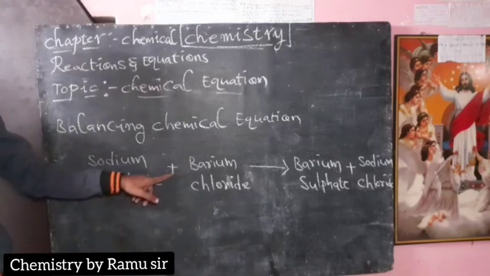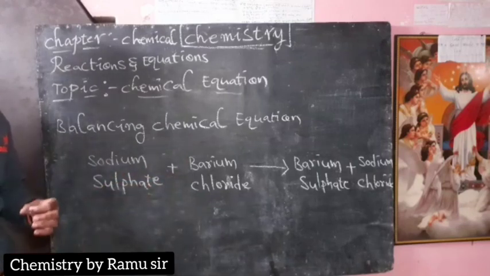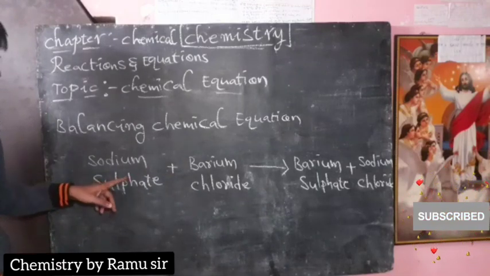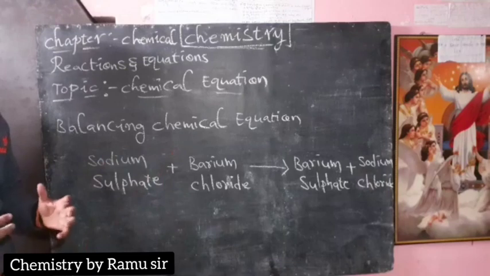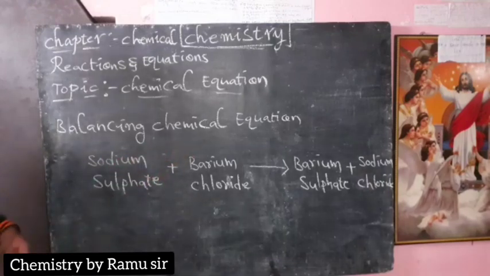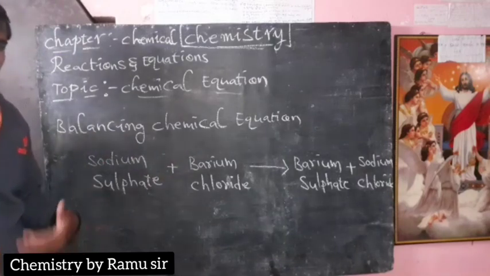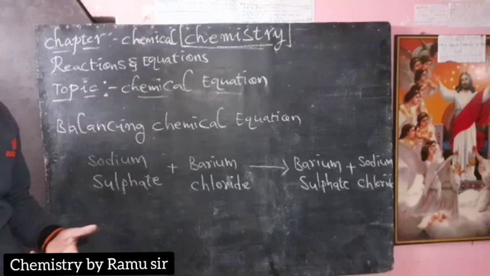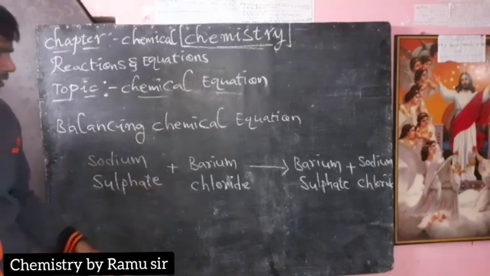Why do we keep a plus here? The plus sign indicates the two reactants which are participating, the first one and the second one. If one or more reactants participate in a chemical reaction, we separate them with a plus sign.